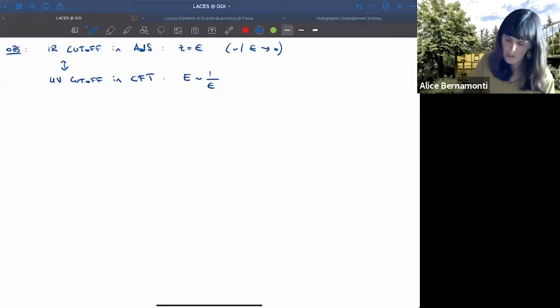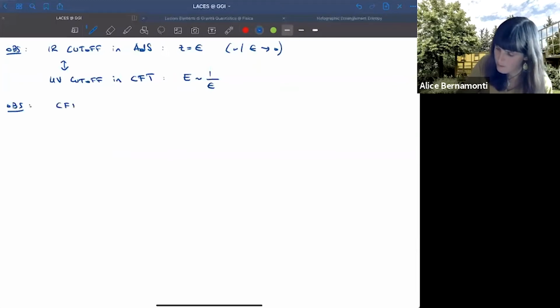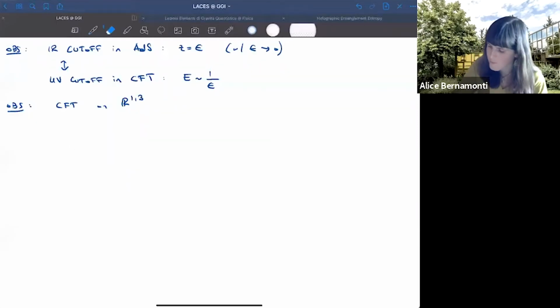Okay, let me also make another observation related to this point. In a conformal field theory on Minkowski space, there are no scales, and so that means that there are excitations of arbitrary low energy.